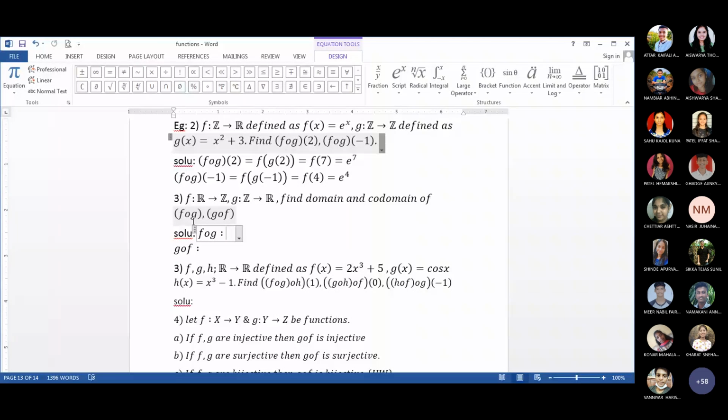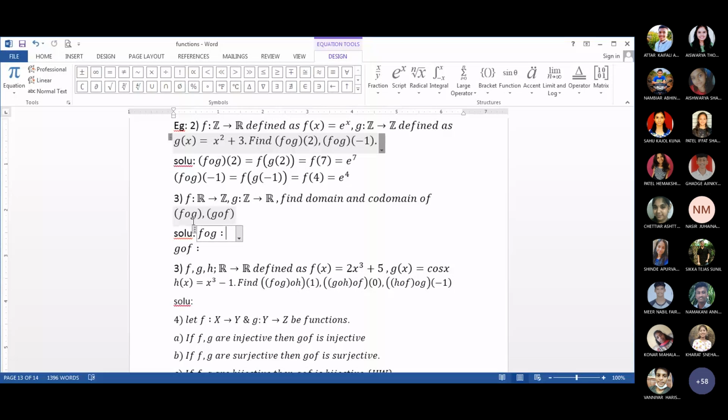So what is the domain and codomain for f composed with g as well as g composed with f?